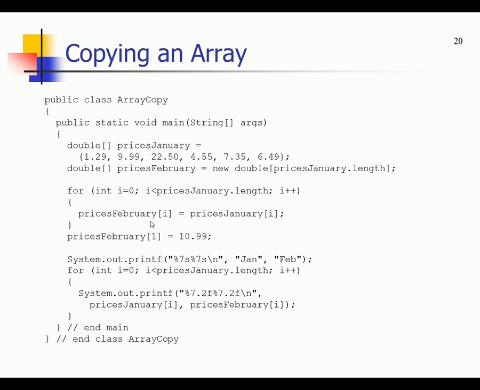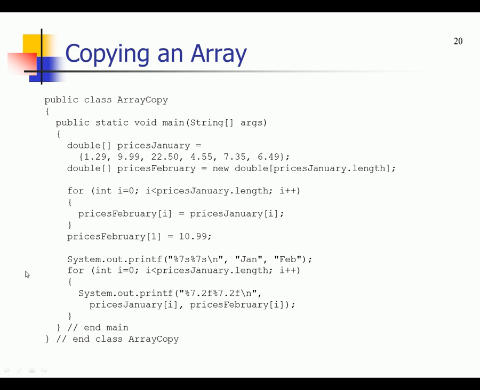Make sense? Okay? So February's index 0 becomes 1.29. Then we increment to 1. Then January's 1 goes into February's 1. So what does February's 1 become? 9.99. So we're going through the entire array.